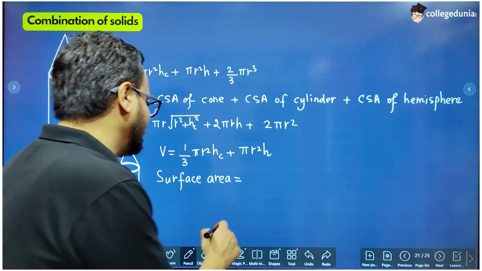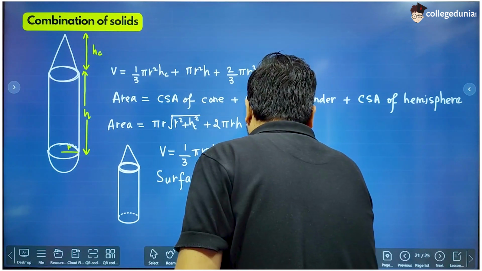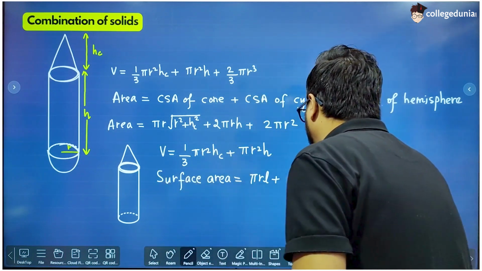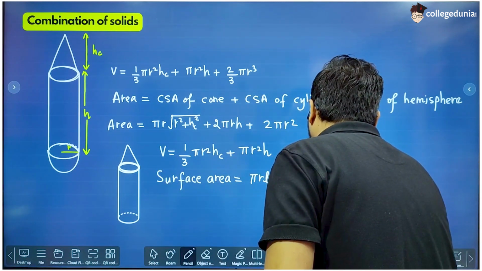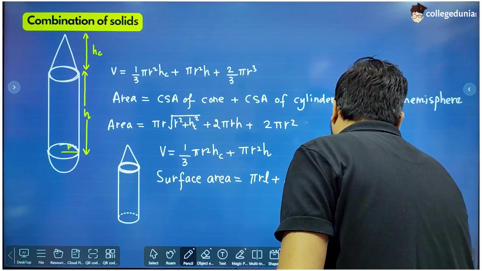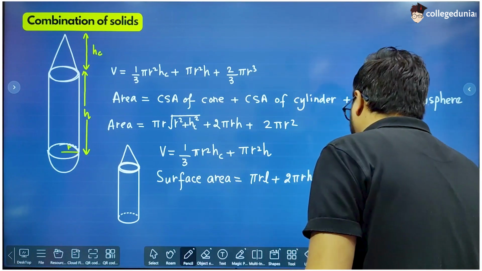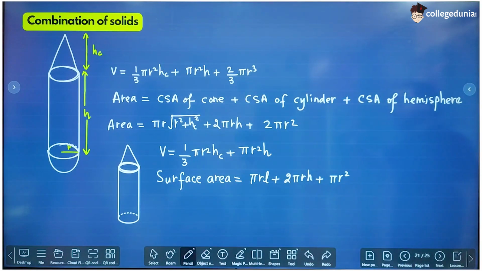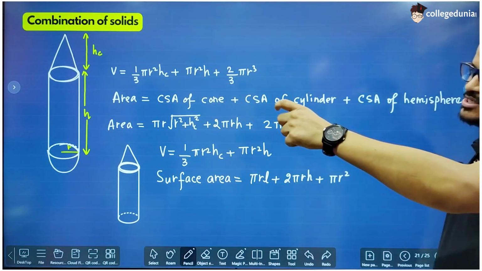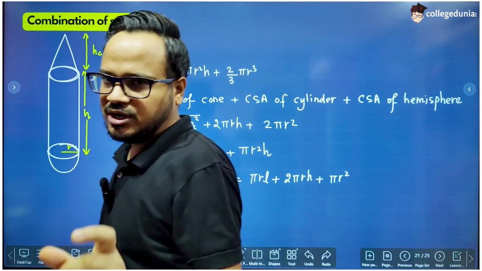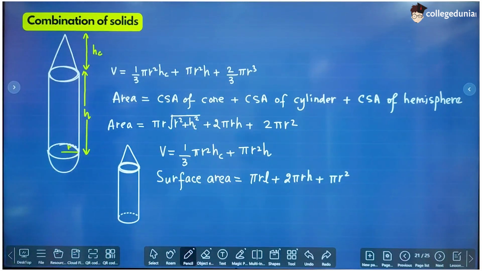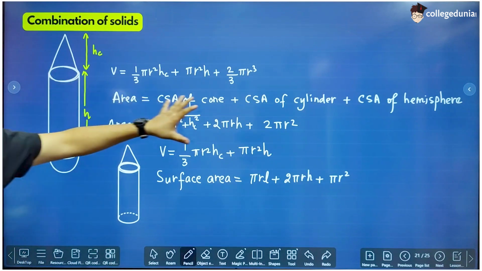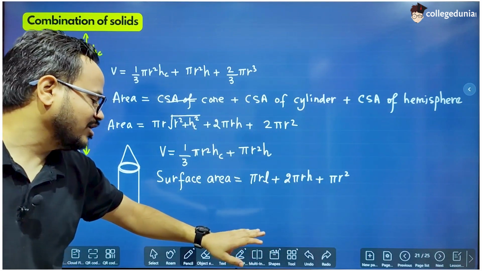So we will write the curved surface area of the cone, which is pi r l, suppose we know the value of l, plus the curved surface area of this cylinder, plus the flat region at the base, which is a circular region. So there are no fixed formulae. You just have to analyze the shape of the solid given in the question, and do the question according to that and make your own set of formulae.